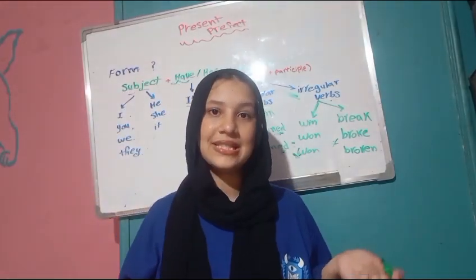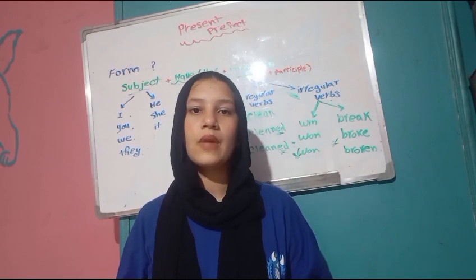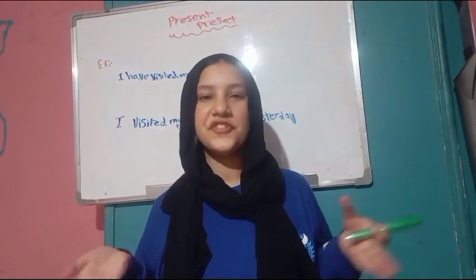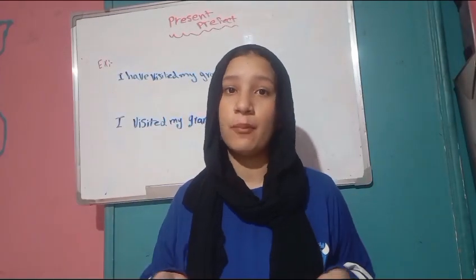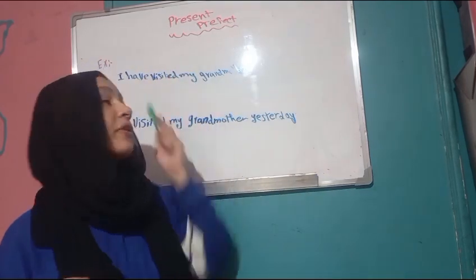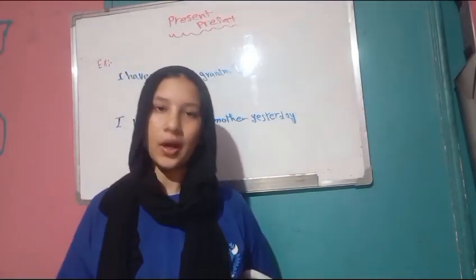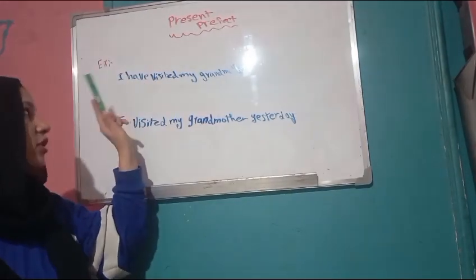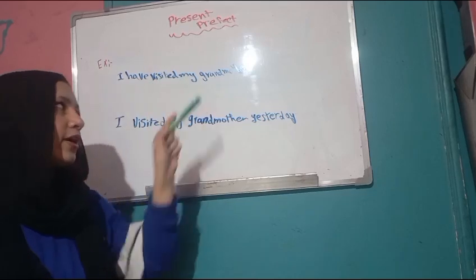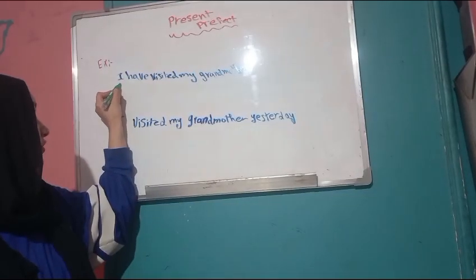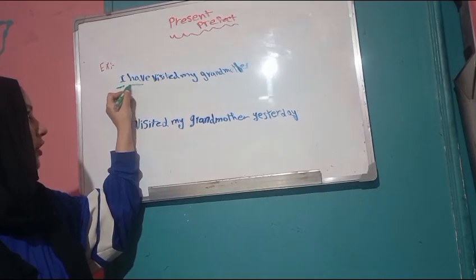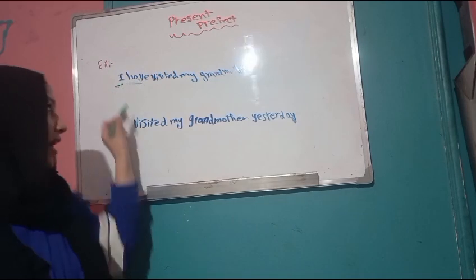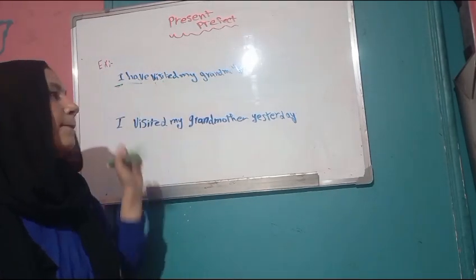So right now, let's take an example of the present perfect tense. The first example is: I have visited my grandmother. As we see here, there is a subject, and here there is have or has, and here the main verb.